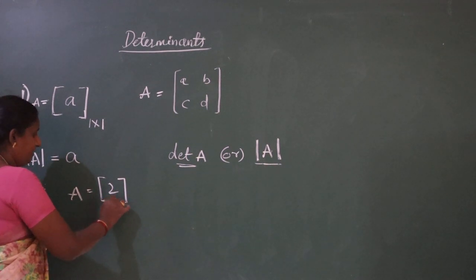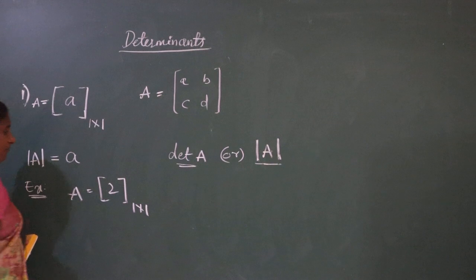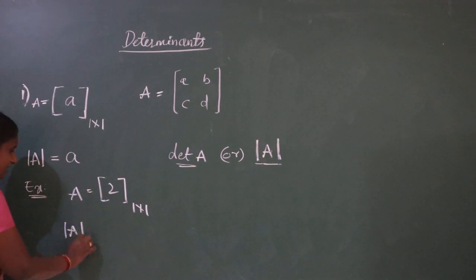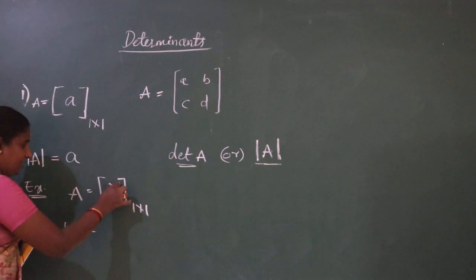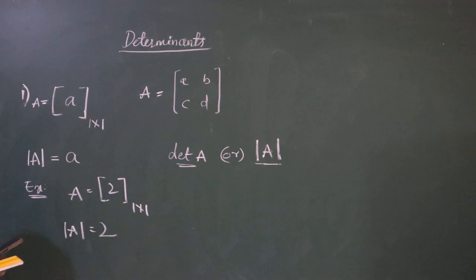It is a matrix of order 1 by 1, with only one row and one column. It is a 1 by 1 square matrix. Then its determinant value det A equals the element in it, that number.